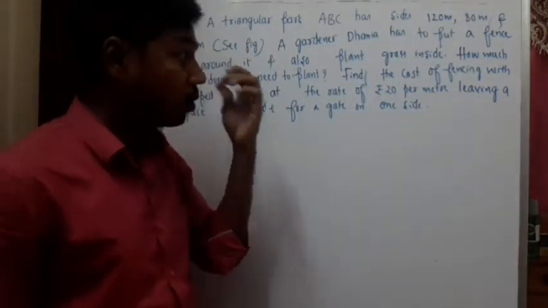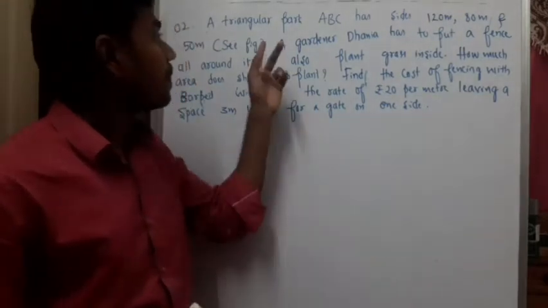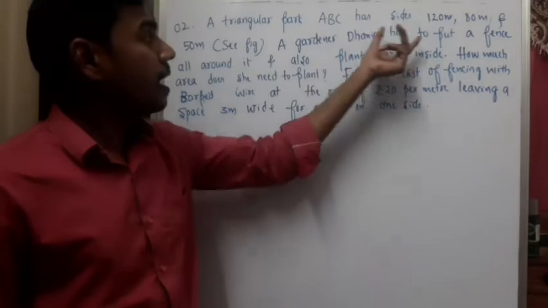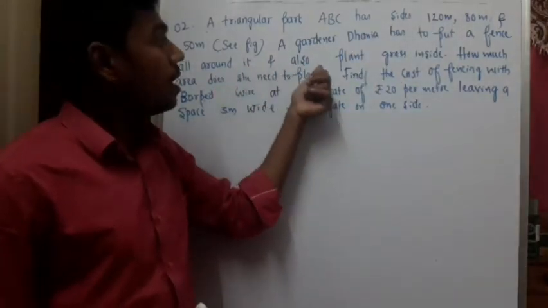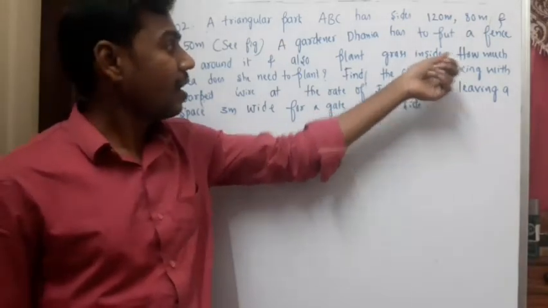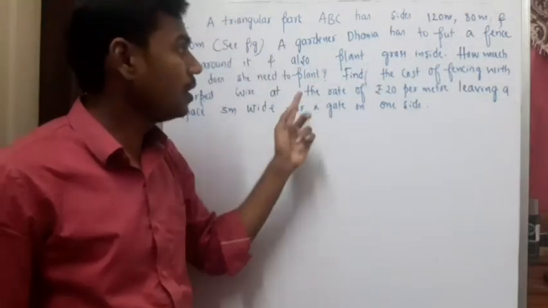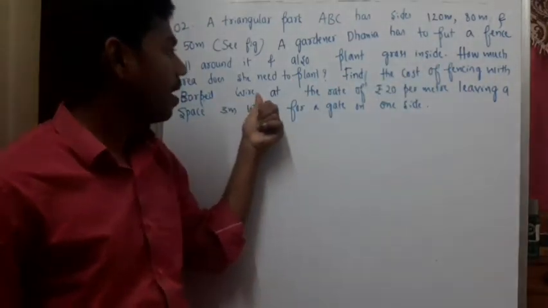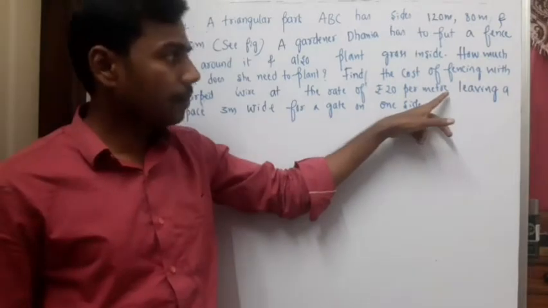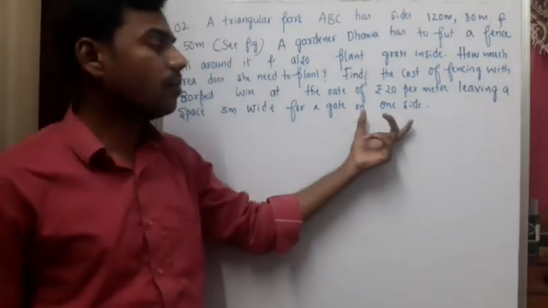Just imagine what could be the size of the park. How much area does she need to plant? Find the cost of fencing with barbed wire at the rate of rupees 20 per meter, leaving a space 3 meter wide for a gate on one side.